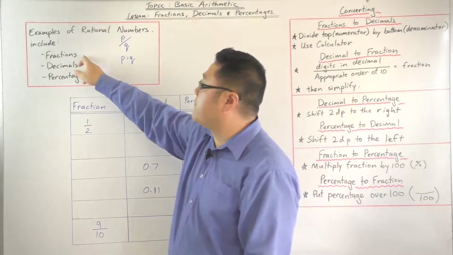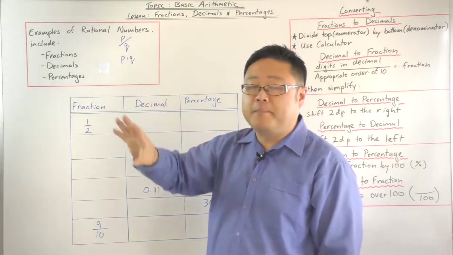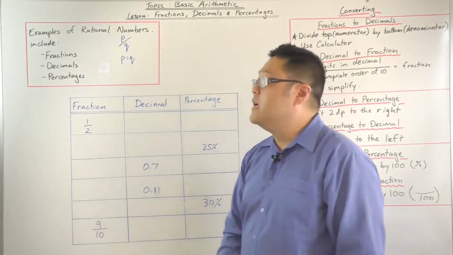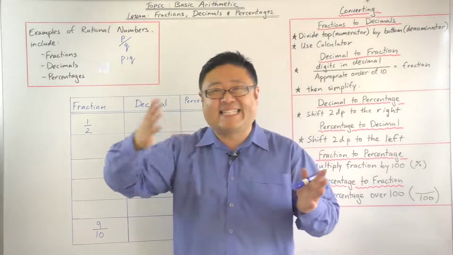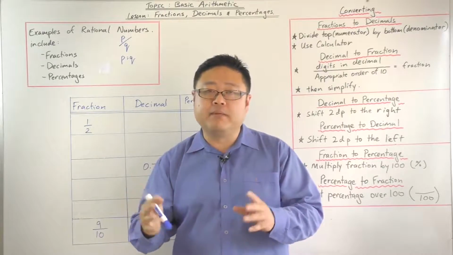Your first one is a fraction, which is one number compared to another number, a top number compared to a bottom number. Your decimal form is an extension of your base 10 whole number system.